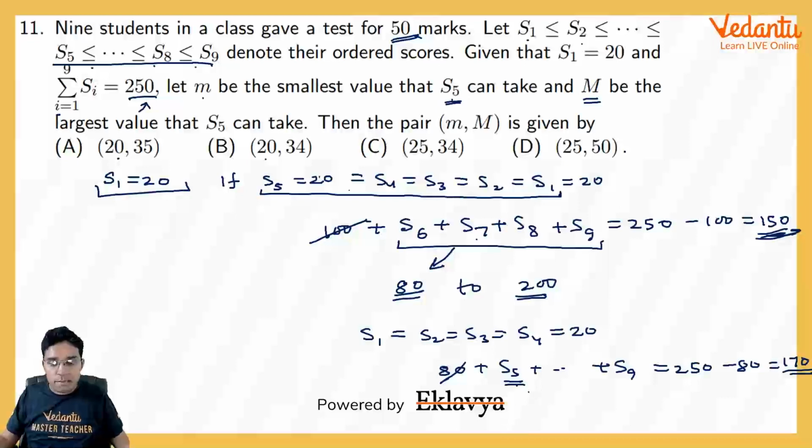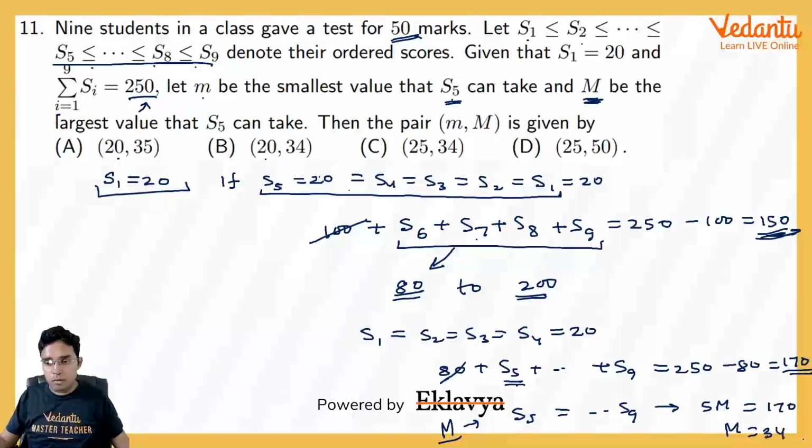So this capital M can be obtained when all S5 till S9 are equal. In this case, these are 5 to 9, so 5 of them. So 5M will become equal to 170. So M will be equal to 34. So the answer here is 20, 34, that is B.